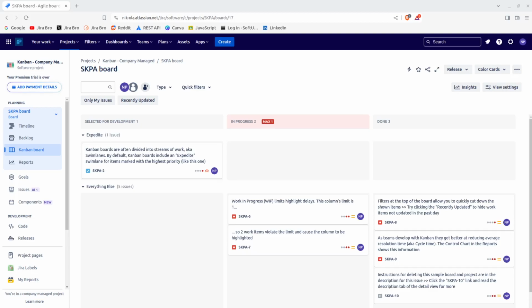So Kanban involves using a board with cards representing tasks or items in various stages or processes. Right, so the key in Kanban here is the visualization of work.